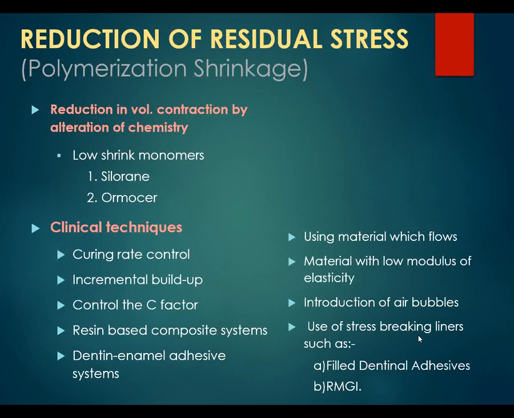These techniques are: control the curing rate, incremental buildup, control the C factor, resin based composite system, dentine enamel adhesive system, using materials which flow, material with low modulus of elasticity, introduction of air bubbles, use of stress breaking liners such as RM resin modified GIC, glass ionomer, or flowable composite.